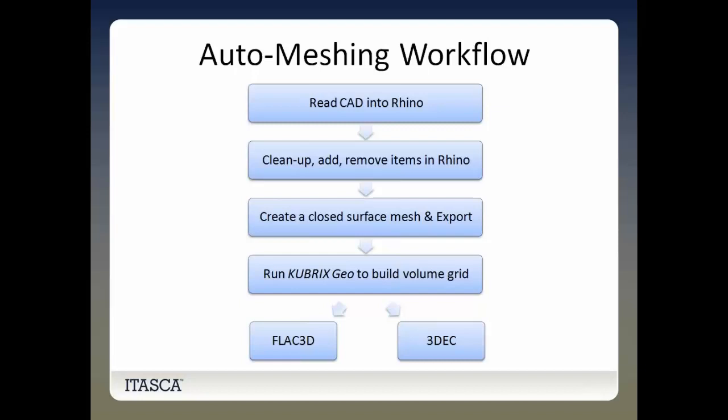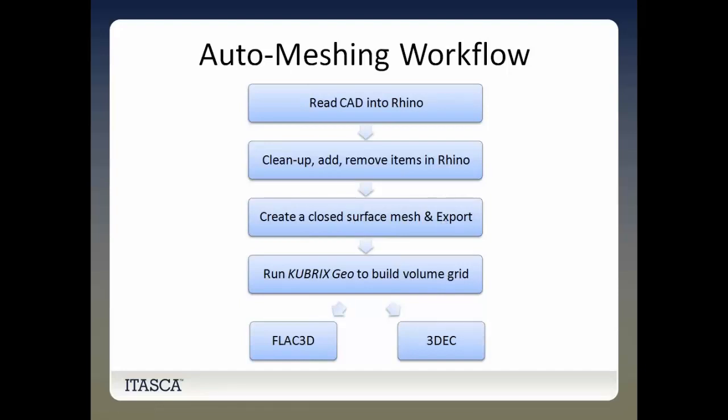What is the auto-meshing workflow? And there are variations to that, but I've summarized this as read CAD into Rhino, in our case, or build your CAD in Rhino. Clean it up means add, remove, trim, throw away pieces, reconstitute other pieces. Create a closed surface and export that surface in a certain file format that is an industry standard.